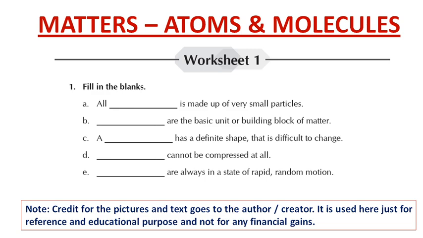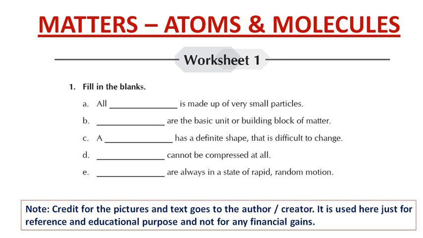If more than one atom is there, it will be called a molecule. So molecules are made up of atoms, and one single atom, as I said, is the indivisible, smallest particle of matter.